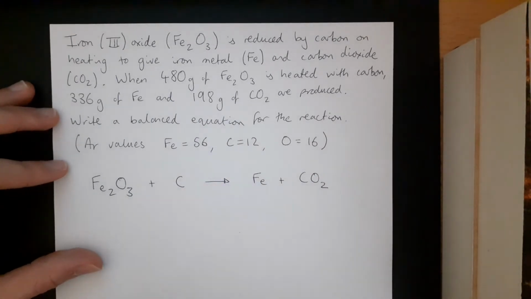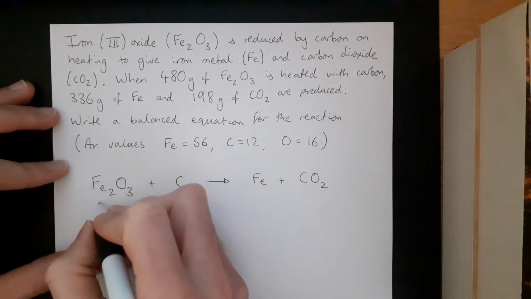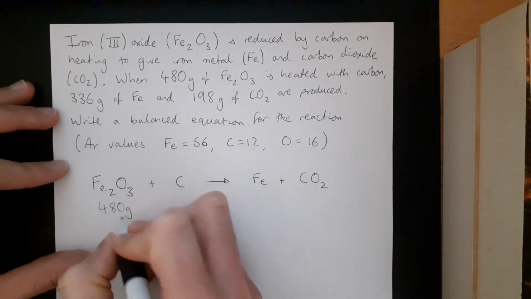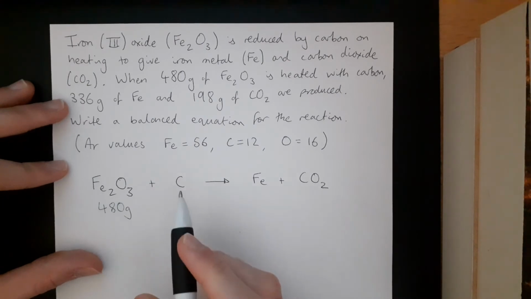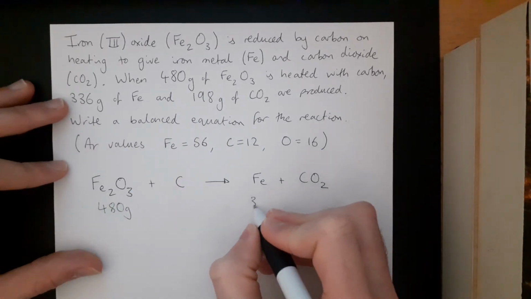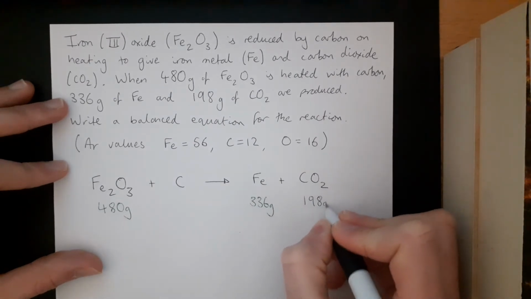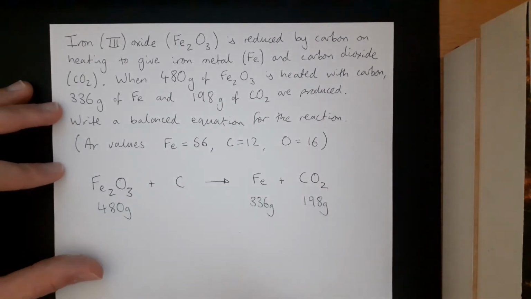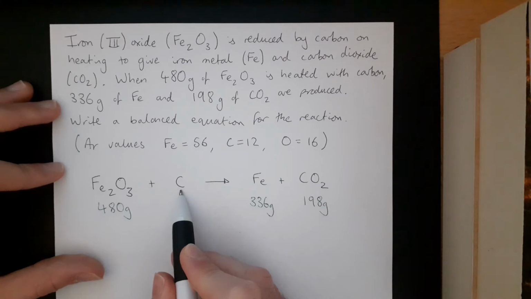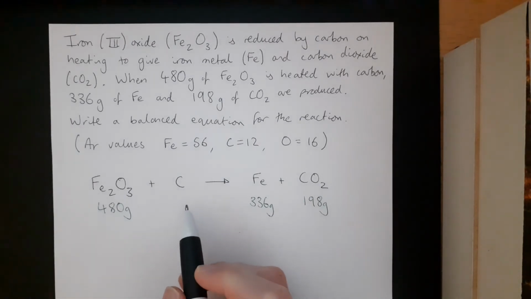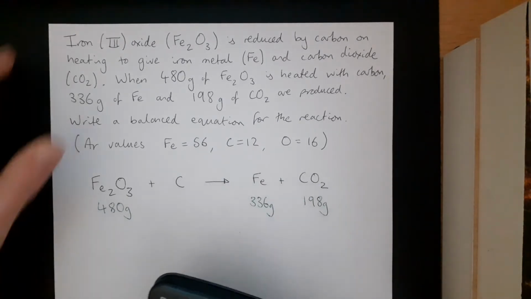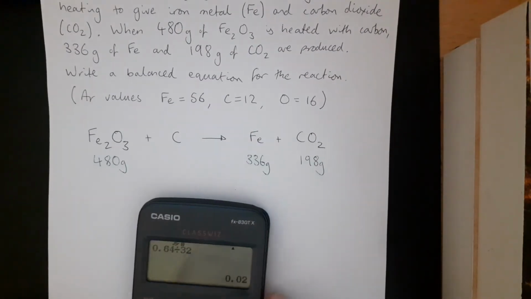Okay, and they've given us numbers in the question, so let's use those. So we've got 480 grams here. We've got 336 grams of iron and 198 grams of carbon dioxide. So the first thing we need to do is work out the missing mass of the carbon. And again, we're going to use the law of conservation of mass here.